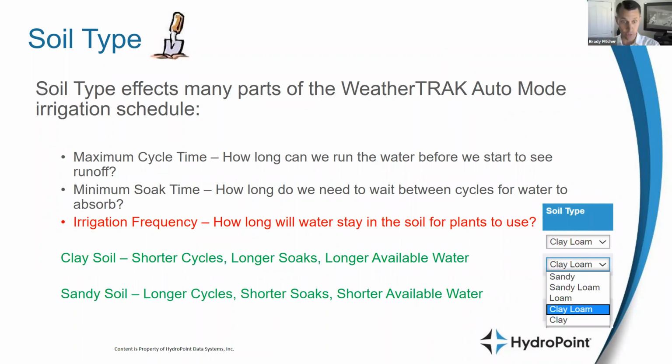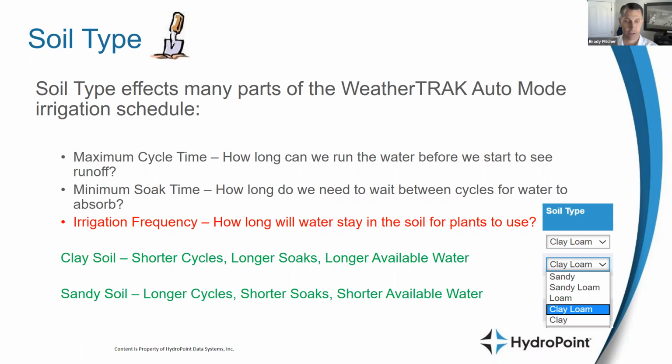Okay. So this right here, a couple of good examples. I've briefly mentioned these. If you have a clay soil, like it shows on the bottom right-hand side there, you're going to have shorter cycles, longer soaks, and that has a lot to do with the fact that you have more available water, which means you can go further in between your waterings.